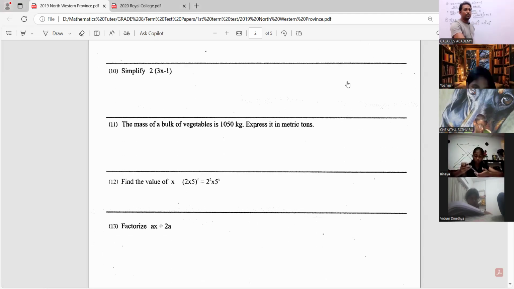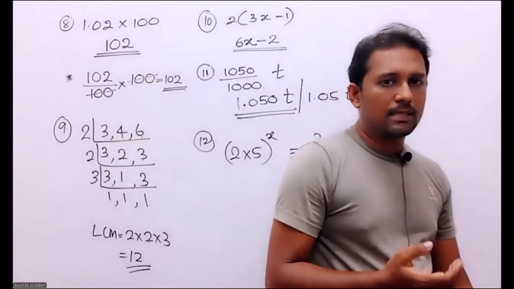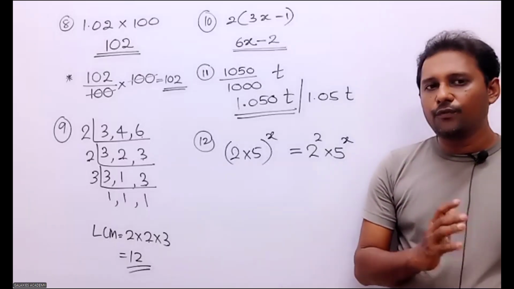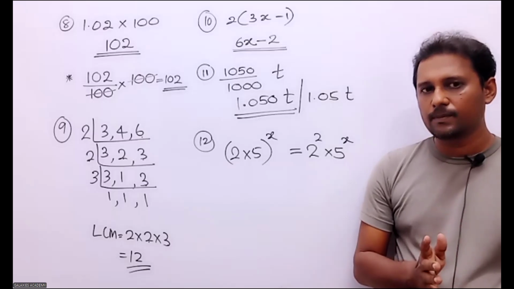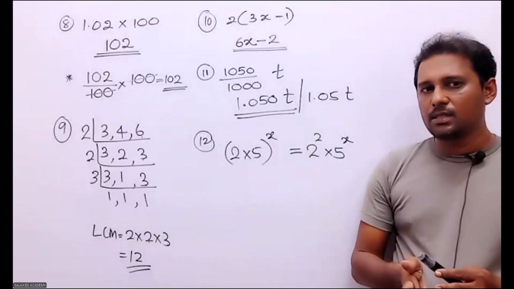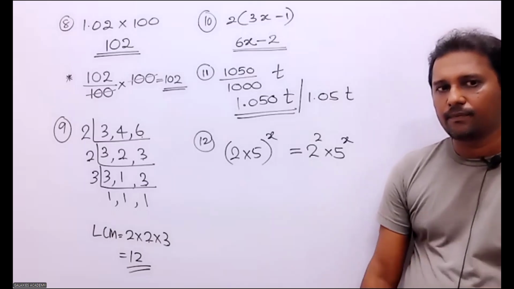Right? What you have to do? Do you remember the indices lesson I discussed with you? Power of a product you can write as product of powers. Also the other side, product of powers you can write as power of product.